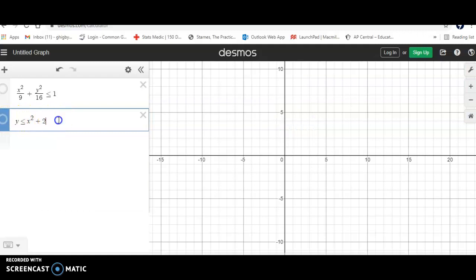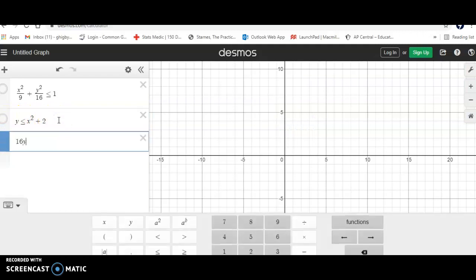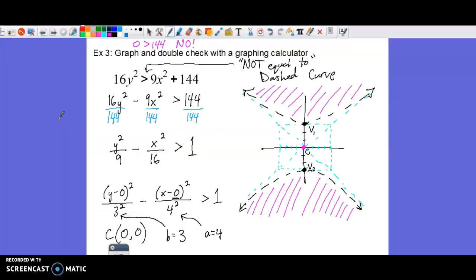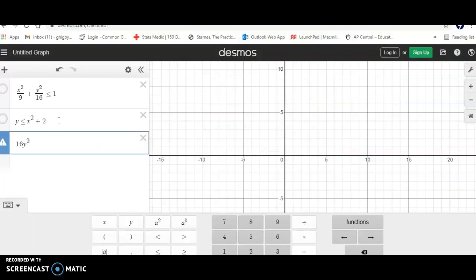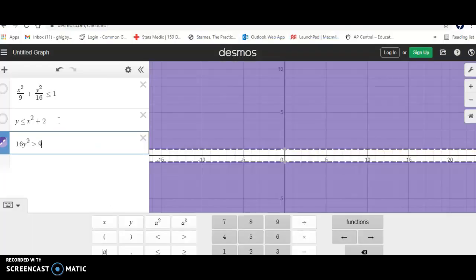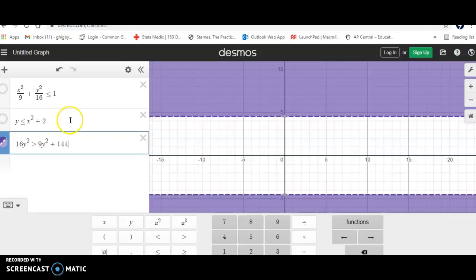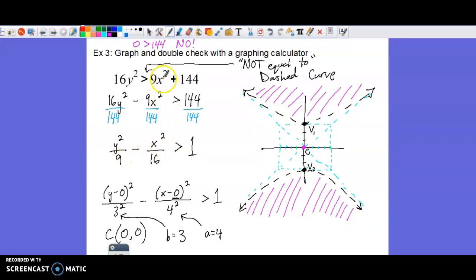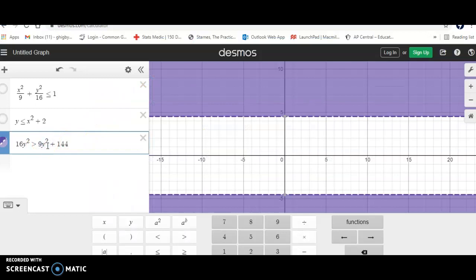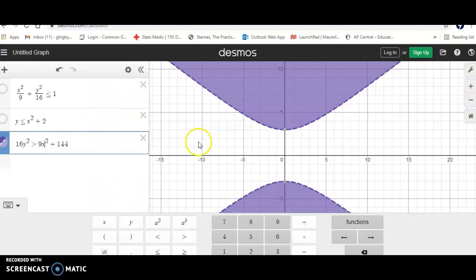So again, let me just close that out. I think it was 16y squared, yep, is greater than 9x squared plus 144. Whoops, I didn't make it x there. Whoops, I knew there was something wrong.